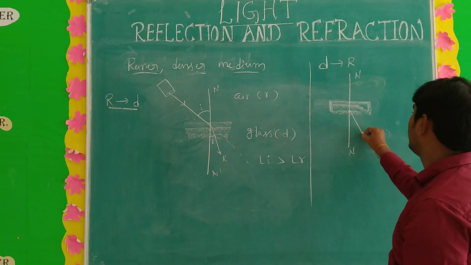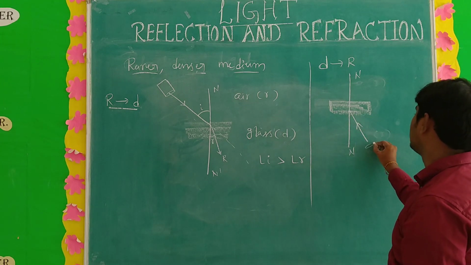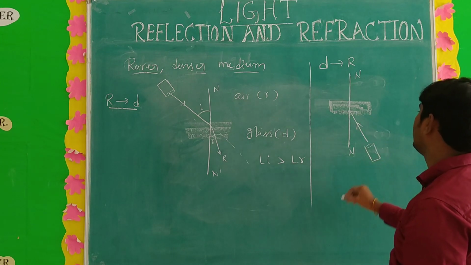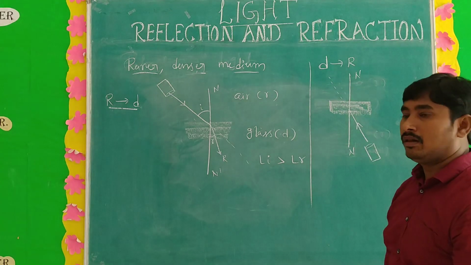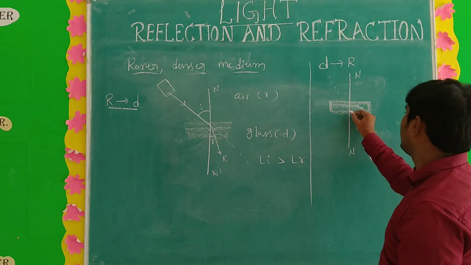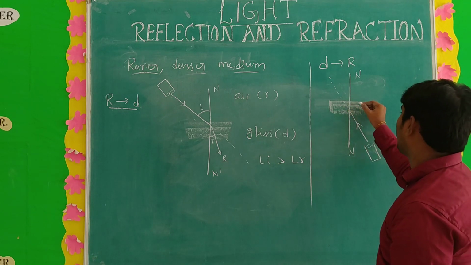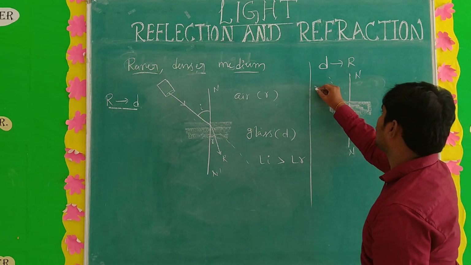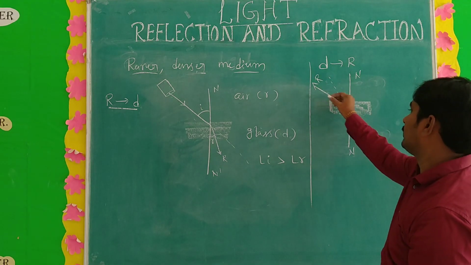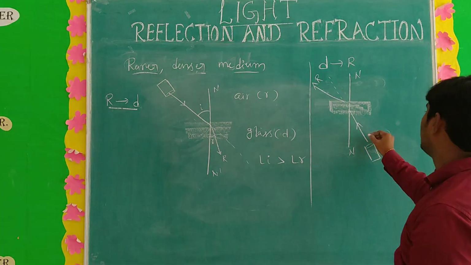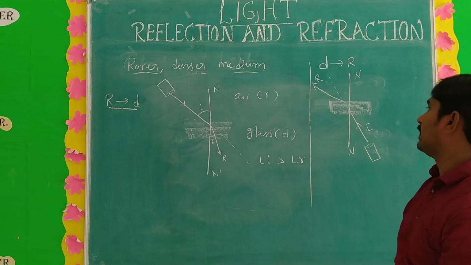Take a light ray like this. This is the incident ray, and this is the original path of the light ray. Automatically the refracted ray bends away from the normal. So this is the incident ray and this one is the refracted ray.